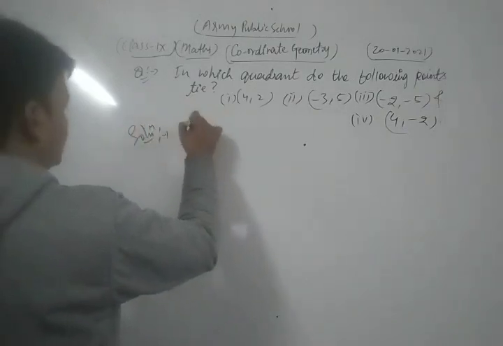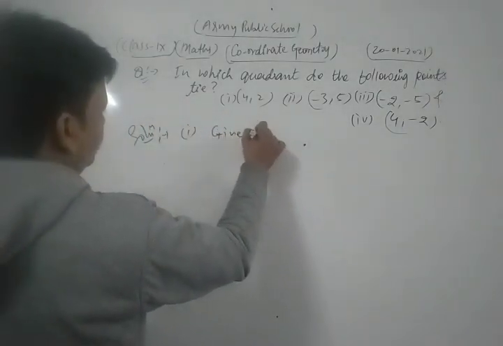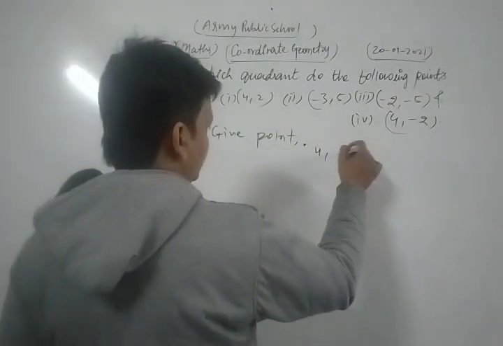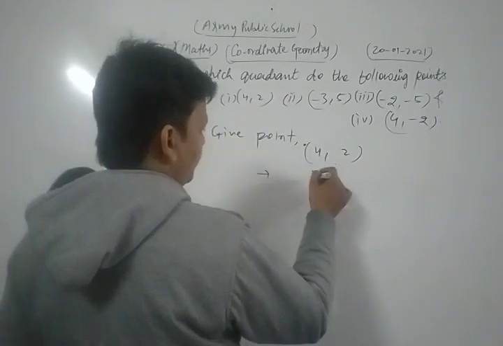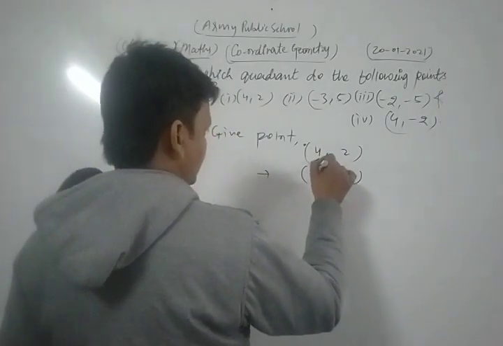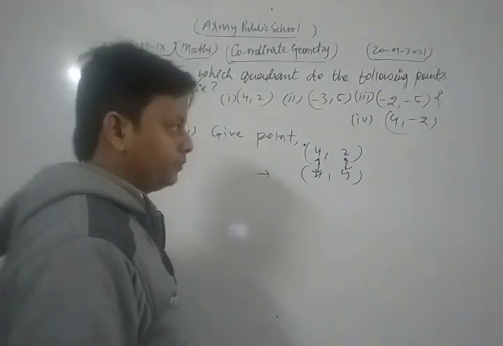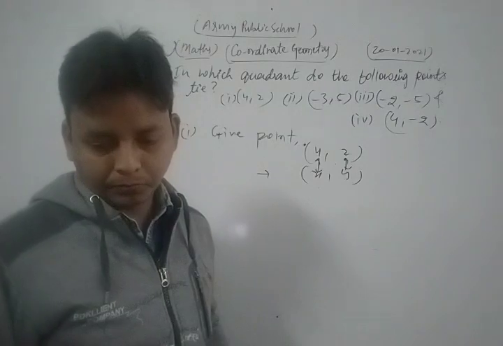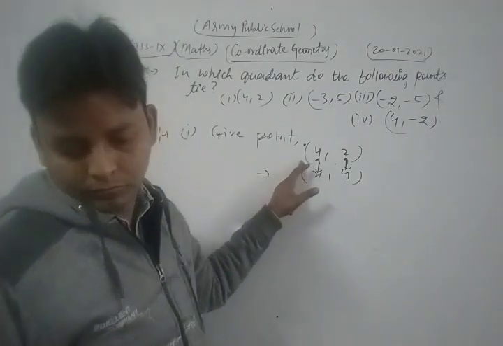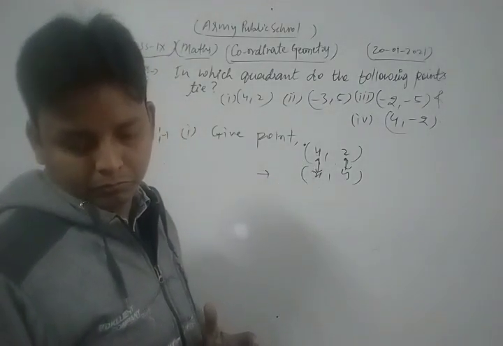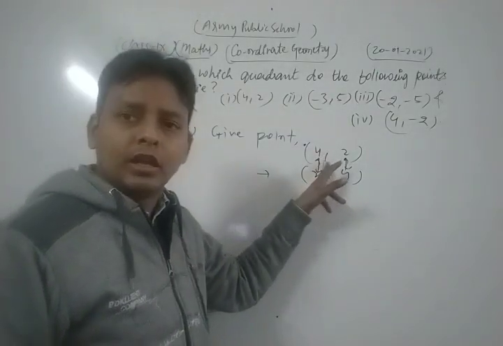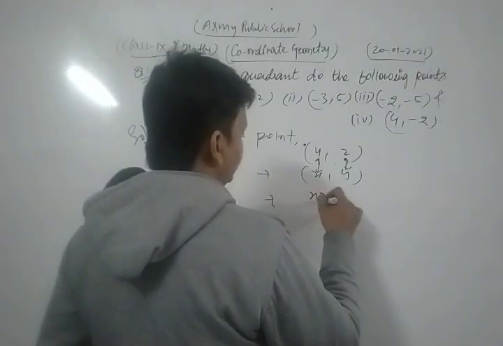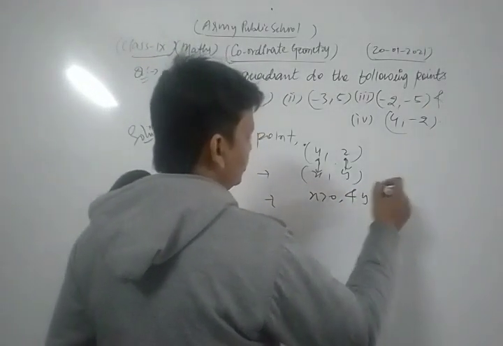Here, first of all, we take the first part. The given point is (4, 2), in the form (x, y). It means abscissa is 4 and ordinate is 2, and both are positive. Here x is greater than 0 and y is also greater than 0.